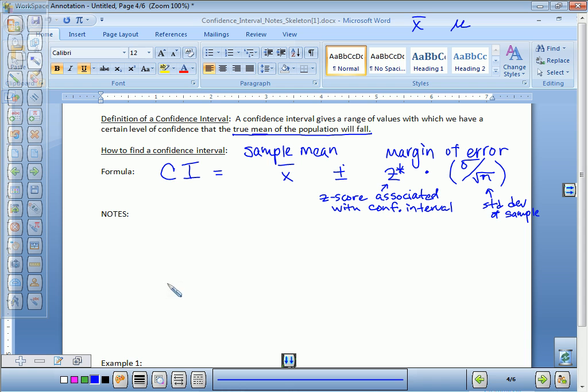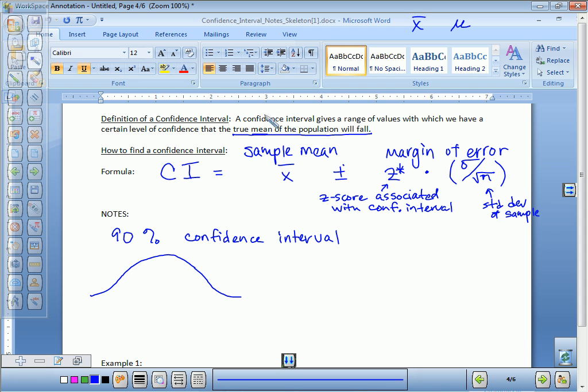Okay. So, if we wanted a 90% confidence interval, as a production manager, I would not be happy with a 90% confidence interval. I would want it to be a good bit higher. But let's say we wanted a 90% confidence interval. What does that mean?